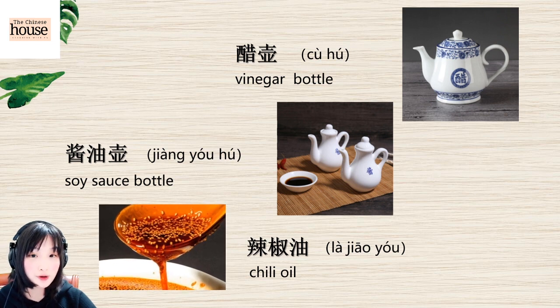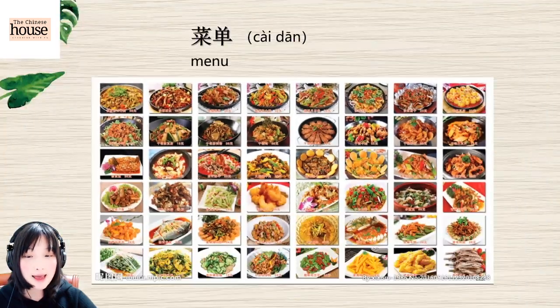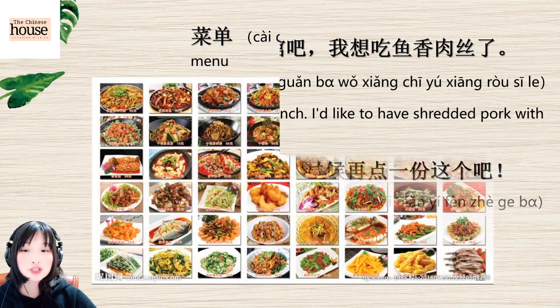This one is very important in Chinese dishes. 辣椒油, 辣 first tone, 椒 first tone, 油 second tone. Menu, 菜单, 菜 first tone, 单 first tone.